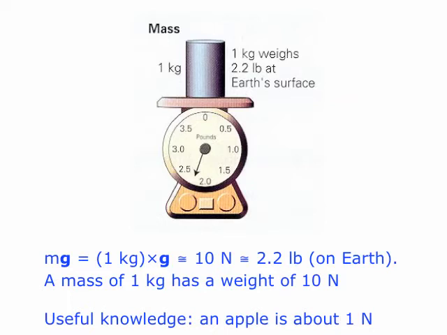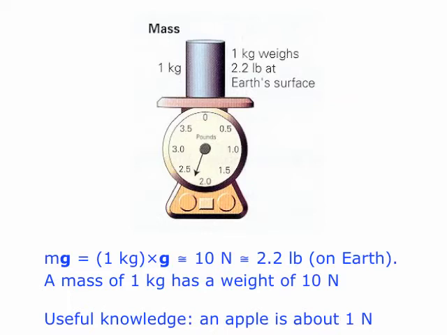Or 1 pound is very roughly 5 newtons at the surface of the Earth. So a mass of 1 kilogram has a weight of 10 newtons. That is a conversion that you should memorize. 1 kilogram is about 10 newtons, which is about 2.2 pounds.